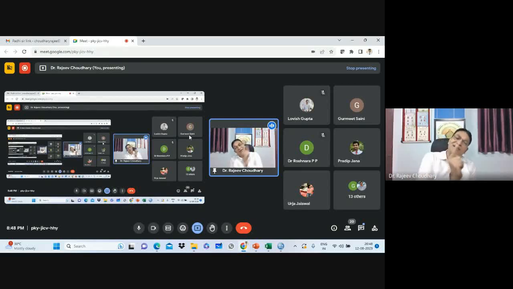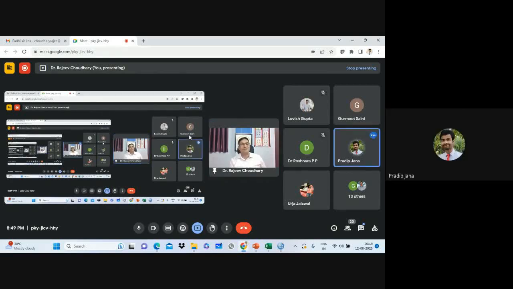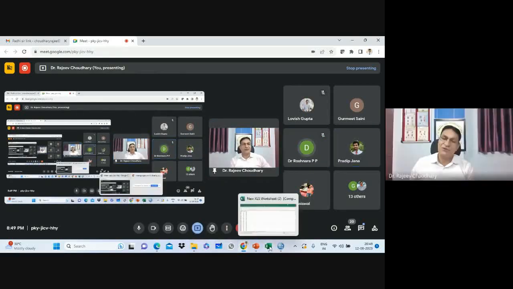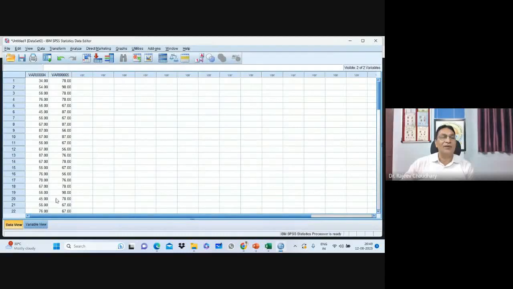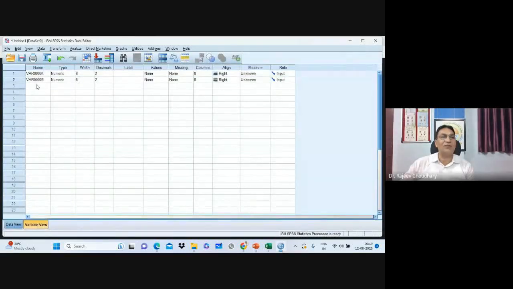But in independent t-test, we entered in a single column. We should keep this important point in our mind. How many columns we have to use? Two. Now the first column is for pre, and second column is for post.